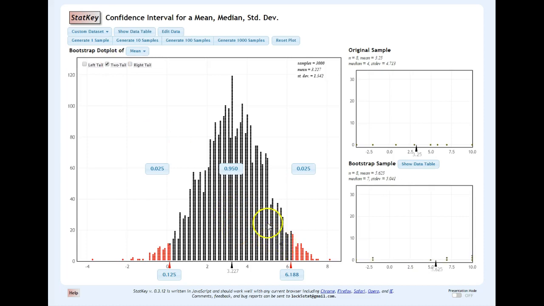Since it is a confidence interval, we want to know what the middle 90% or the middle 95% is. And so in this case, it looks like our 95% confidence interval of the difference is between 0.125 and 6.188.